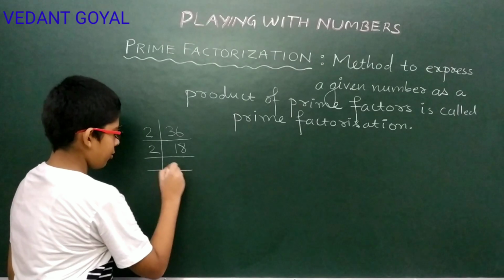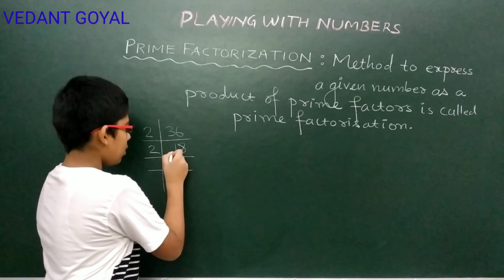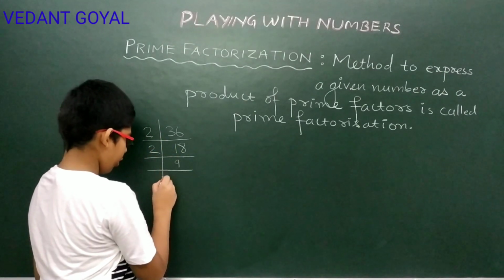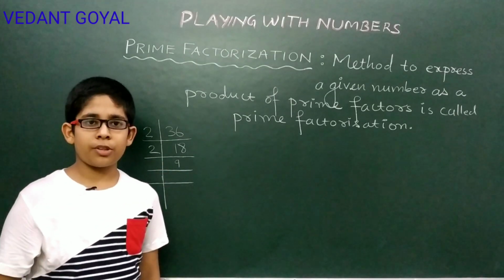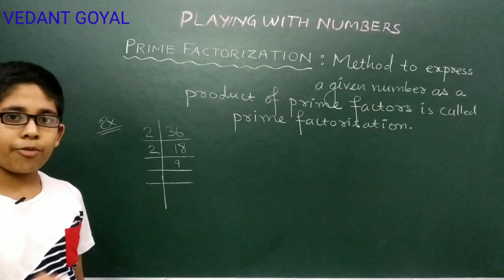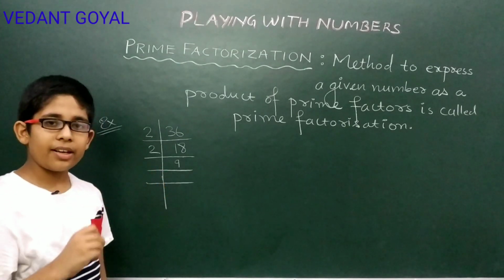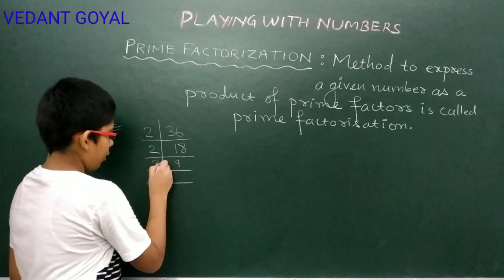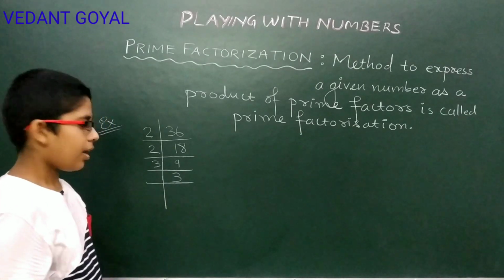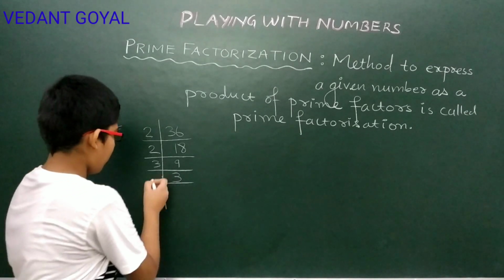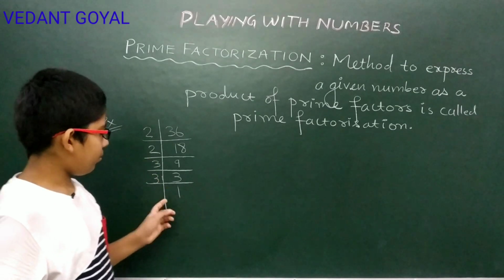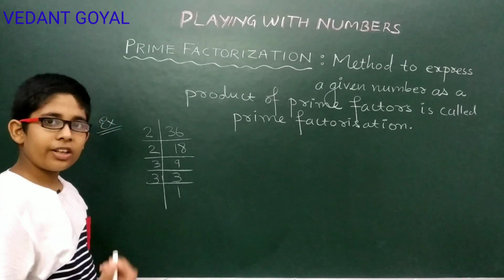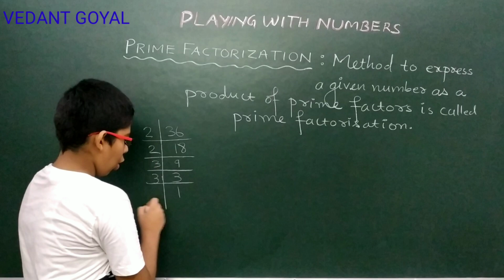Yes, 18 is divisible by 2, so it gives us 9 as the quotient. Further, 9 is not divisible by 2, so we will check for 3. Yes, 9 is divisible by 3 and we get 3. Again, 3 is divisible by 3, so we get 1. So 1 is the smallest natural number, so we'll stop here.